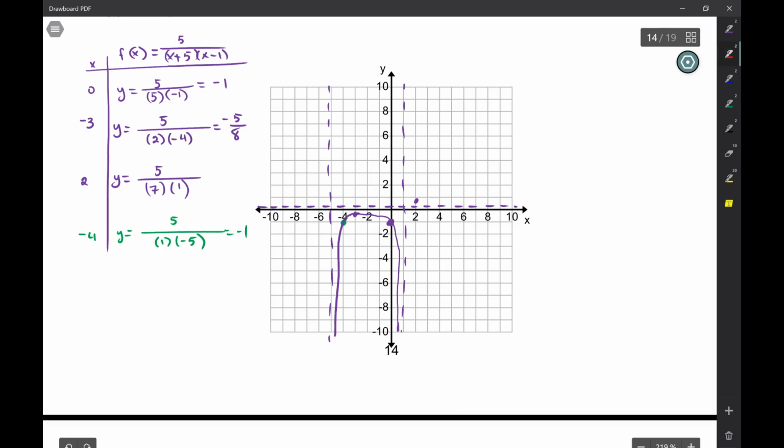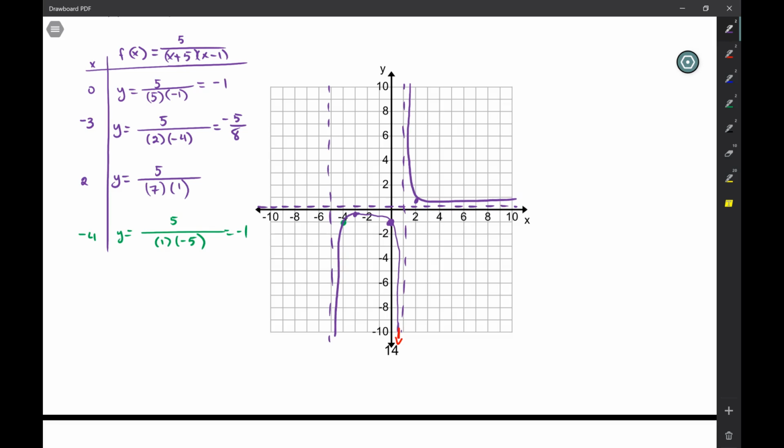If it exited the screen on the bottom to the left of the asymptote, what's it going to do? Come in to the right from the top? We already know that because we had put in a point and we said it was going to cross that. So look, this one on the right side, it comes in from the top, and now here it's got to turn back around because no zeros, can't cross the x-axis.